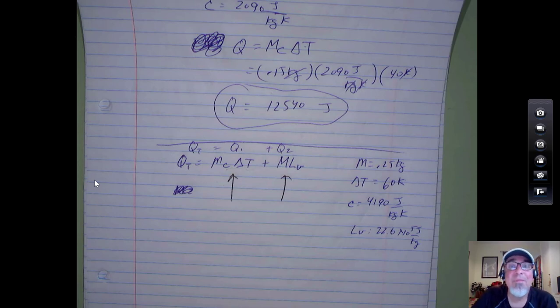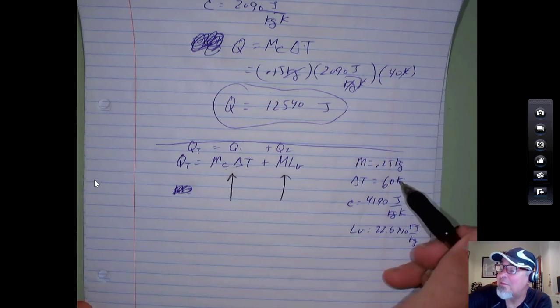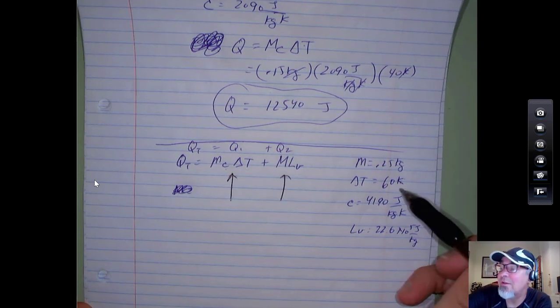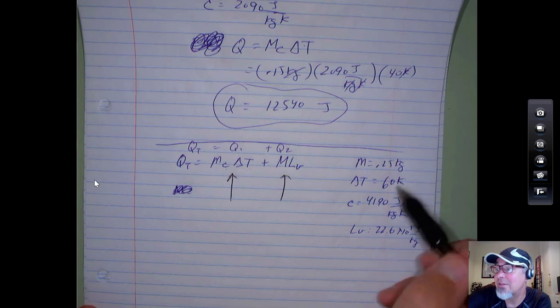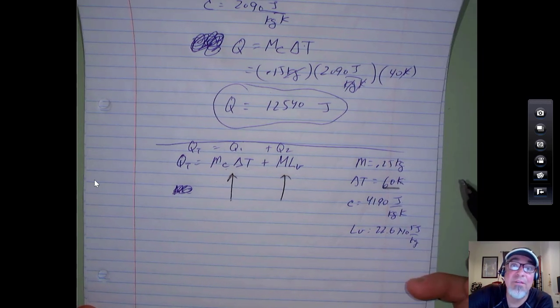Okay, excellent. You'll have to enter the answer in joules, which is no problem. Going from 40 to 100 in Celsius is 60 degrees Celsius. It's the same change if you look at the Kelvin scale.